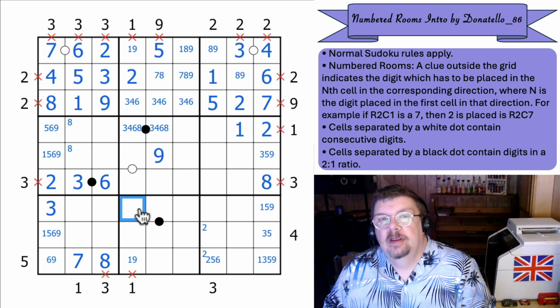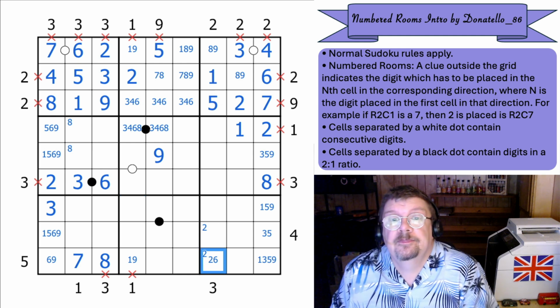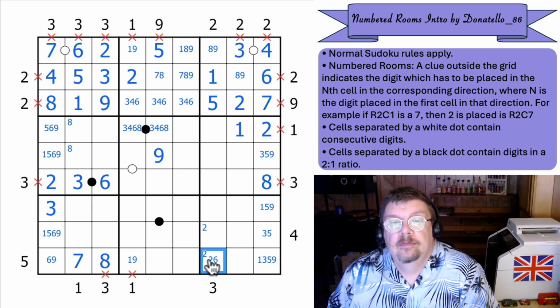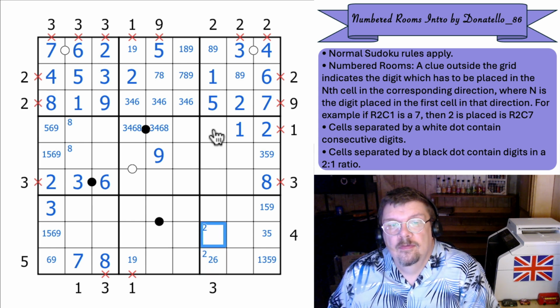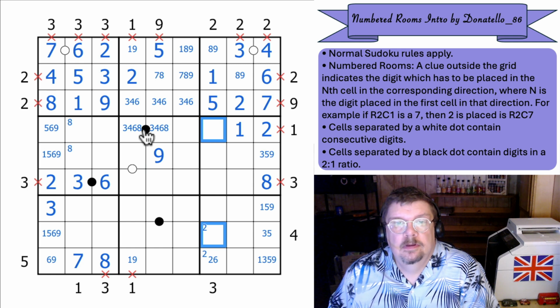Feel like there's something obvious that I am missing and I can't quite see what it would be. Okay, I've got a 5 here, so that's no longer a 5. So the 3 is either here or here, both of which appear to be reasonable.